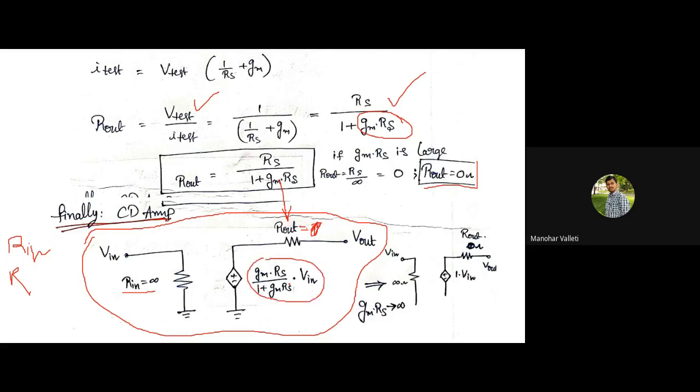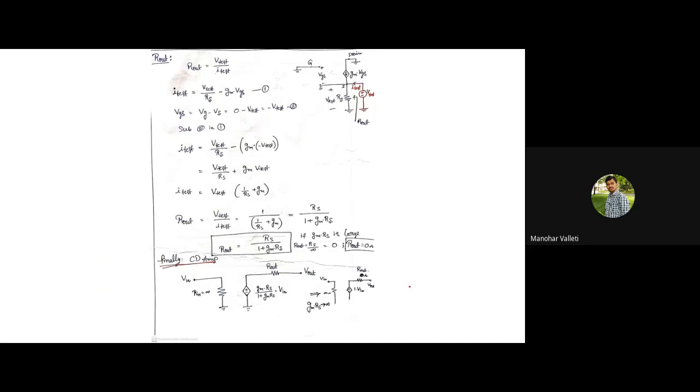If you substitute gmRS as very large, then from this you will get this equivalent circuit with the output resistance of 0 ohm and providing unity gain. So this is about the parameters of your common drain amplifier. In summary, this is the output resistance of your common drain amplifier.